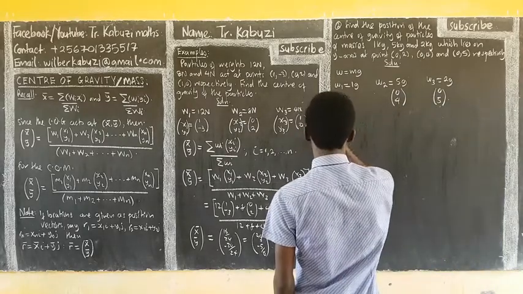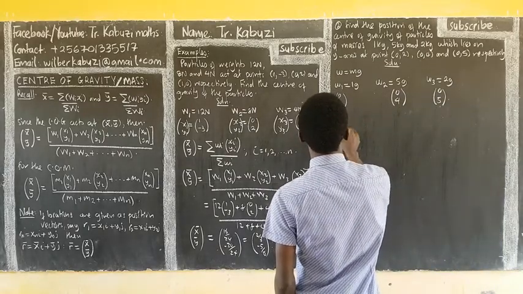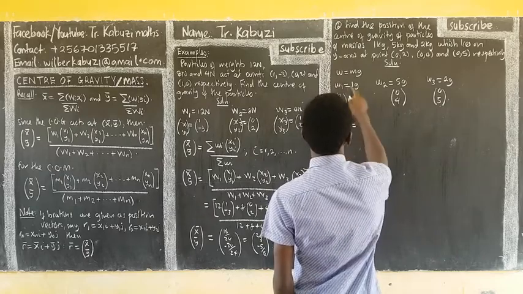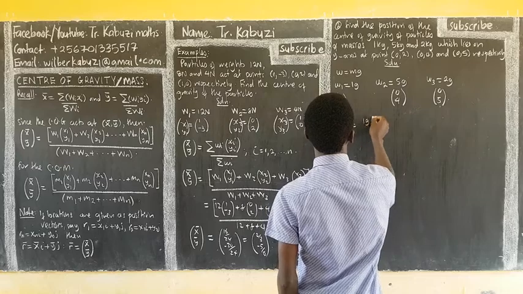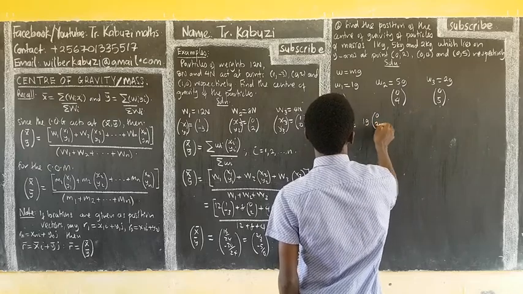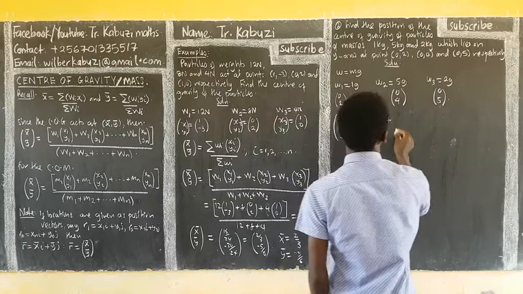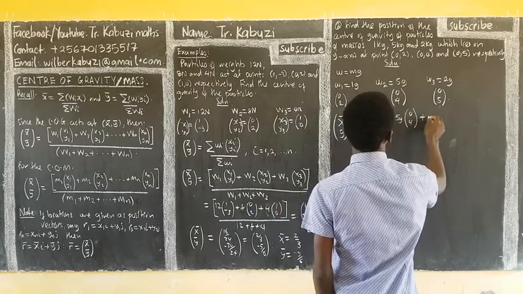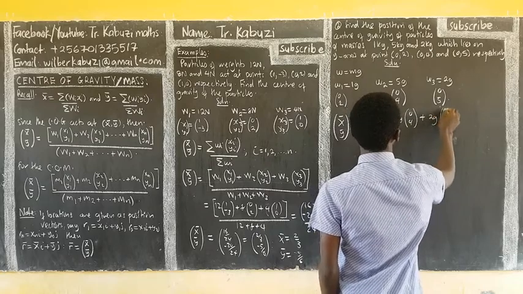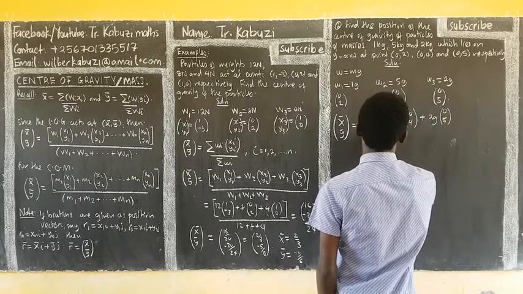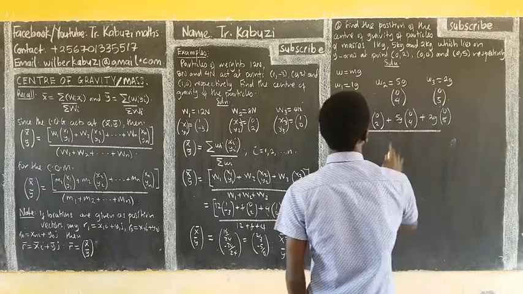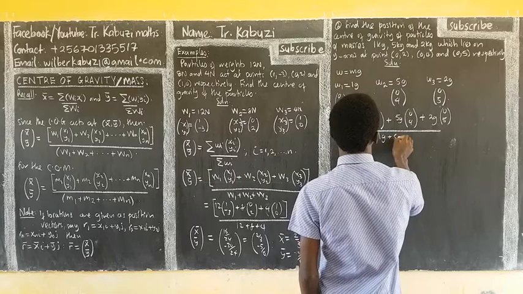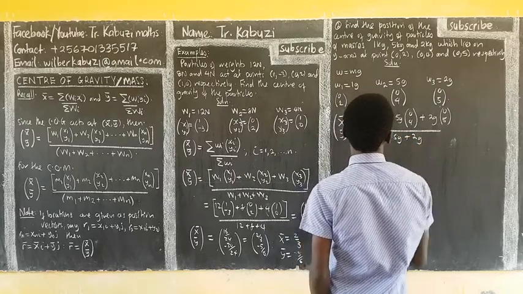So getting our x bar, y bar, it is going to be the first weight 1g times its coordinate, plus the second weight 5g times (0, 4), plus the third weight, all over the sum of these weights, which is 1g plus 5g plus 2g.